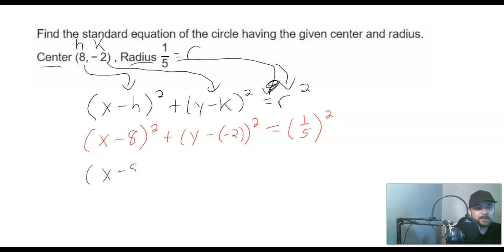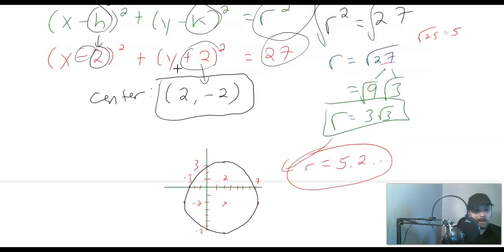So this doesn't change. X minus 8 squared plus y. We can simplify this double negative. It becomes positive. Notice, and here's a mistake that some students will make. Because in the other direction, like here, if there's a +2, we switch the sign and make it negative when we get the value for k.